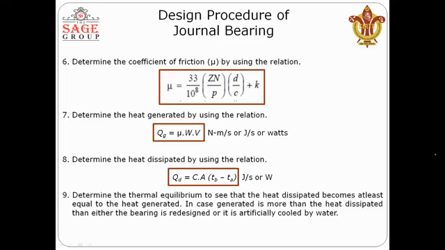From the initial start of the bearing, it takes a little bit of time to come to thermal equilibrium. In that thermal equilibrium, Qg becomes equal to Qd. But after some time, the heat generation Qg is increased because the bearing cannot dissipate that much heat to the atmosphere.